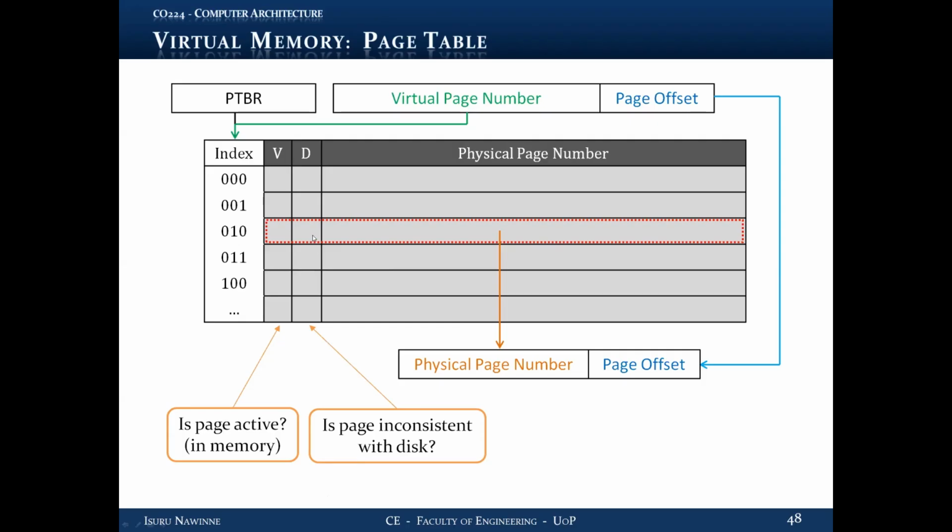Why we need that bit is, if we need to throw this physical page out, if we need to make it invalid in order to bring a different page and place it in that location and update this page table entry, then we need to check the dirty bit of the existing translation, and if it is dirty, we have to write the page from the memory back to the disk before we replace that, right? So that is the idea of the dirty bit.